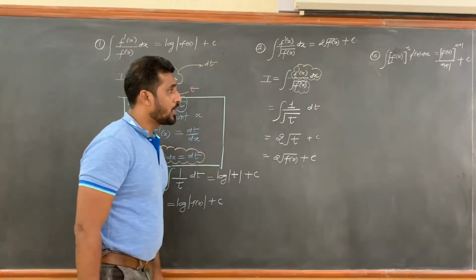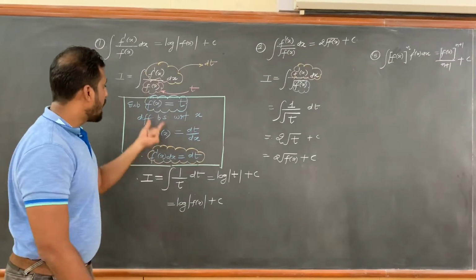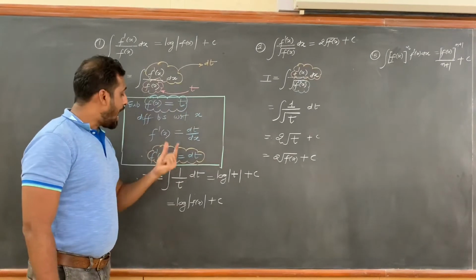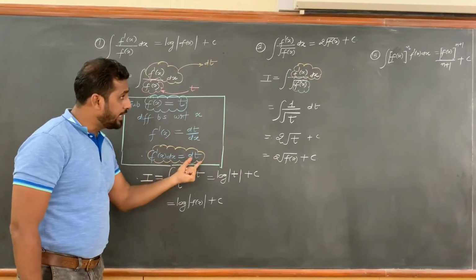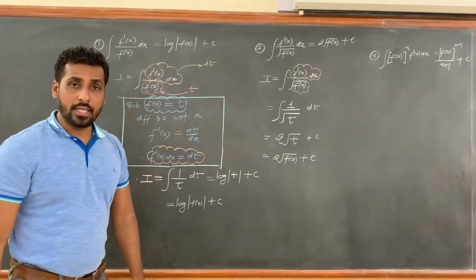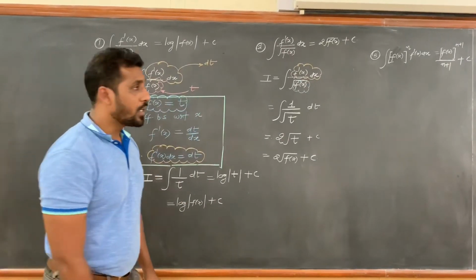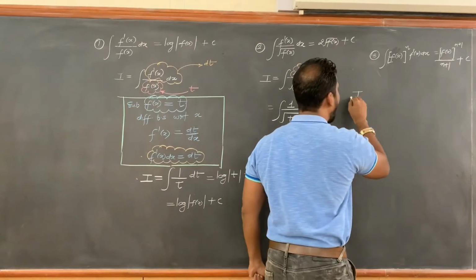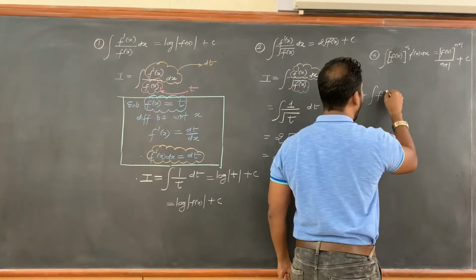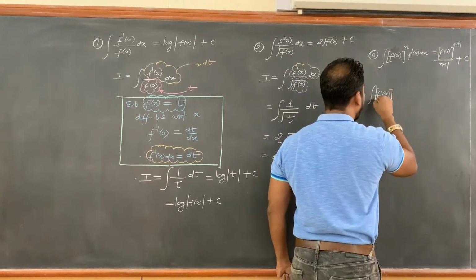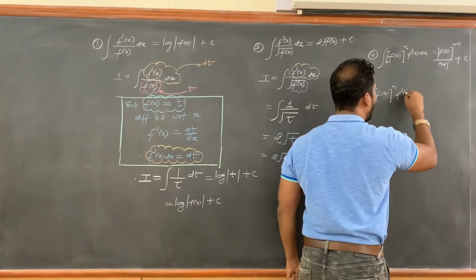So students, what was my substitution? I had f of x equal to t. I had f1 of x dx equal to dt. Let's go to our third corollary. Let's do the necessary substitution. What's the left hand side here? I have I is equal to integration of f of x raised to n into f1 of x.